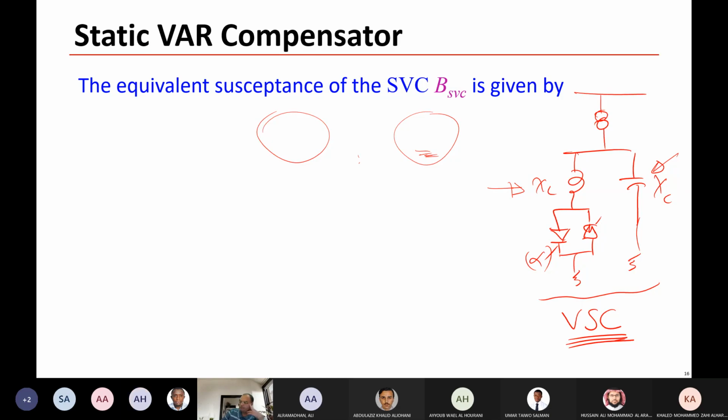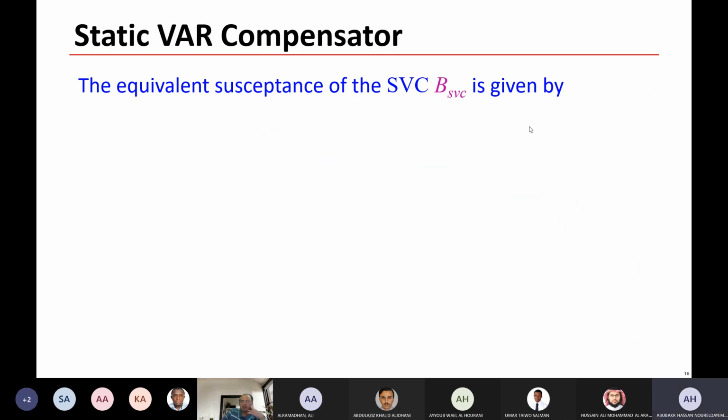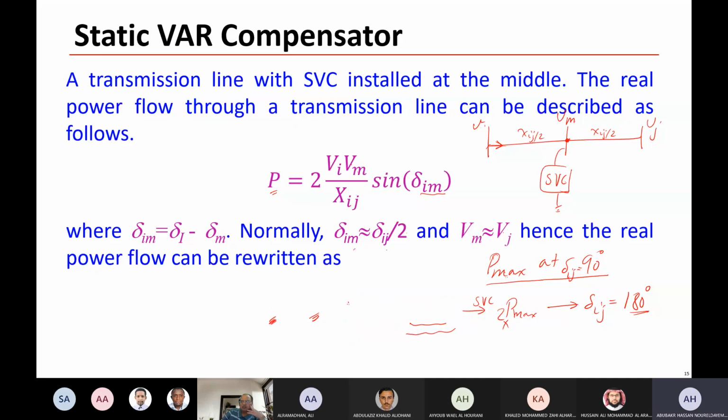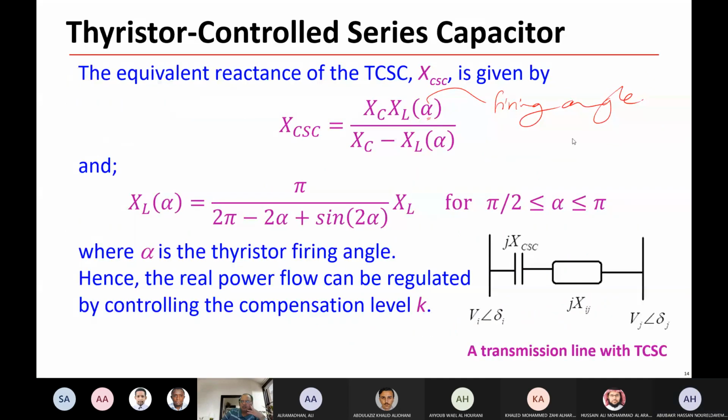Abu Bakr, go ahead. Doctor, for the series compensation, can the capacitor affect the angle? No, what do you mean by angle? You have here this one, of course, this is the capacitor. You are not interested in the voltage and the current through the capacitor.